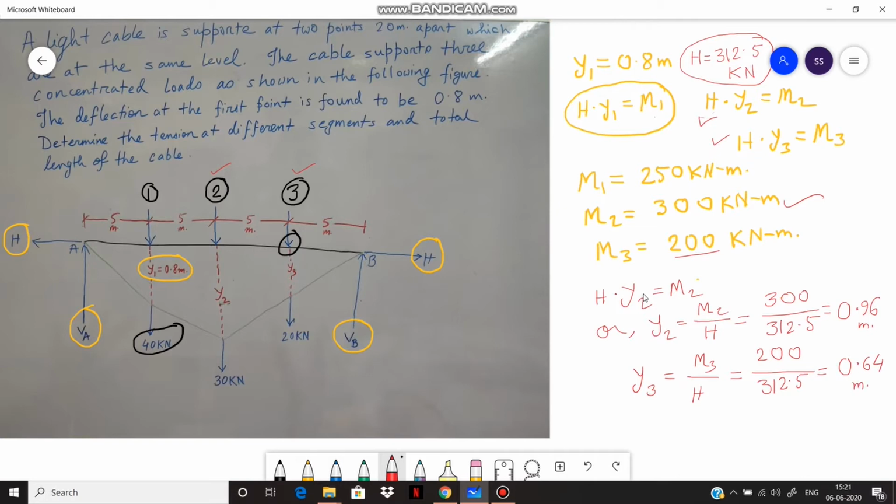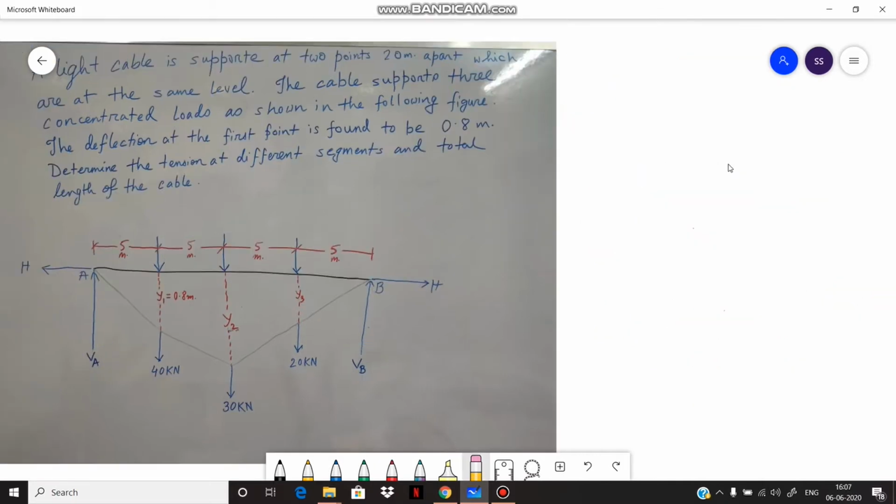So at point 1, the deflection is 0.8 meter as given in the numerical problem, and upon calculation we get the deflection at point 2, which is 0.96 meter, and at point 3 the deflection is 0.64 meter. So as per the calculation, we get the deflection pattern of the cable. It's something like this.